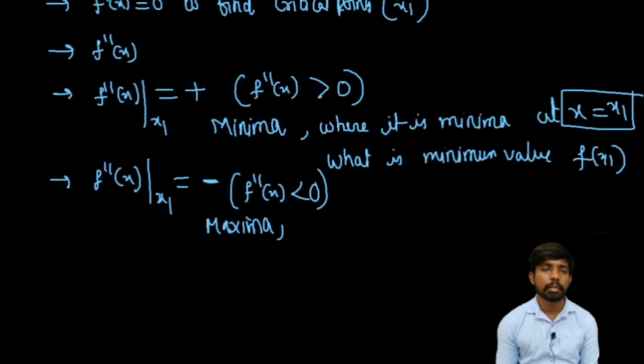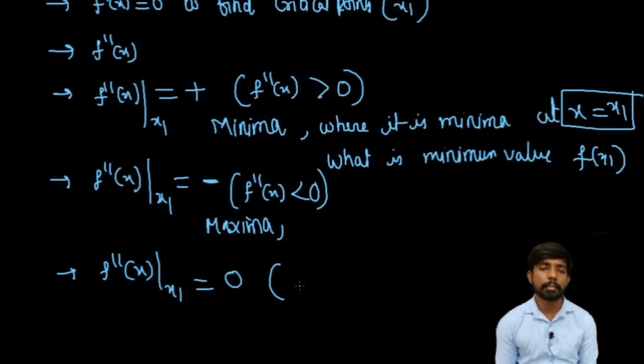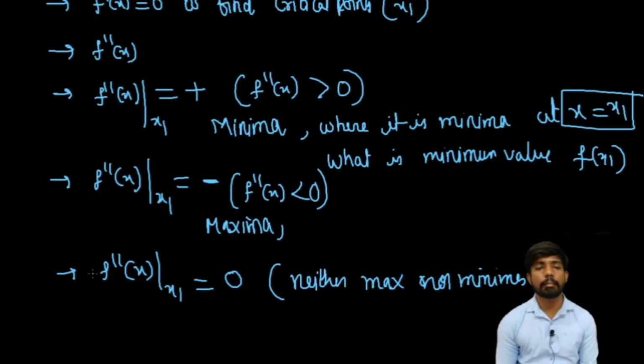In a similar way, substitute x1 in the double differentiation; if it comes out to be 0, then this is neither maxima nor minima.